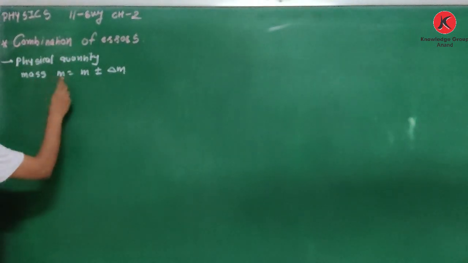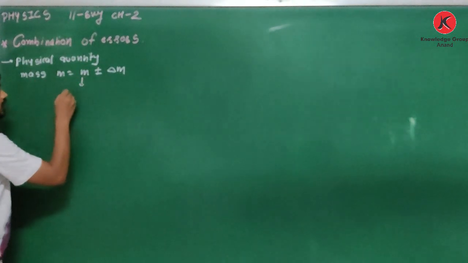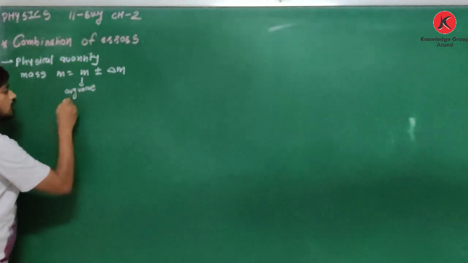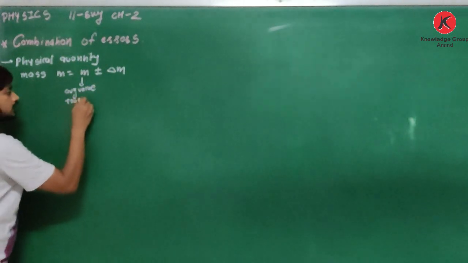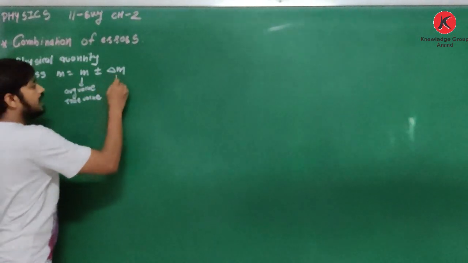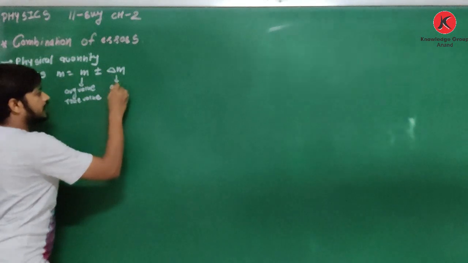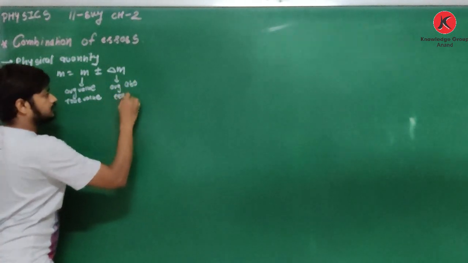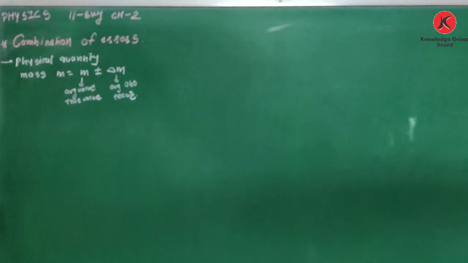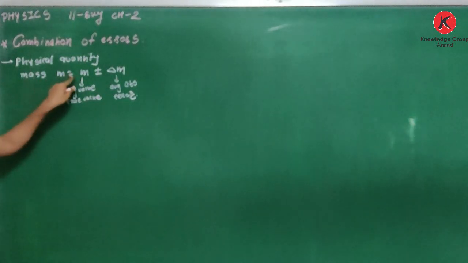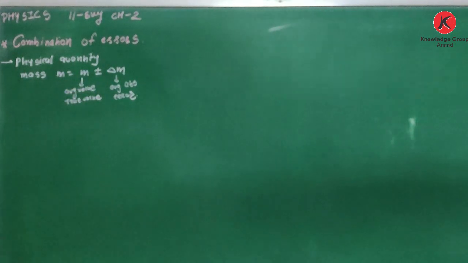So mass m is equal to m plus or minus delta m, where this m is called the average value or true value, and this delta m is called the average absolute error. Clear about this?